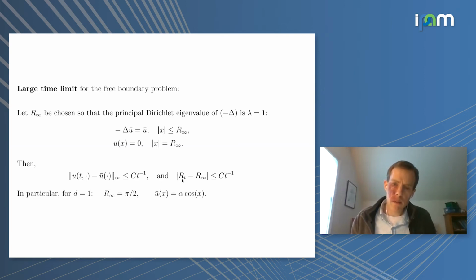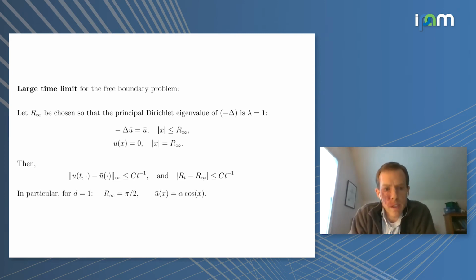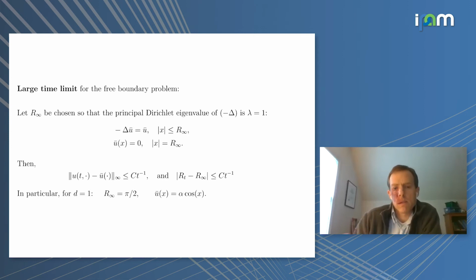And the boundary function R(t) converges to R infinity as time goes to infinity, like 1 over t. So for one dimension, R infinity is explicit. It's pi over 2, and U bar is a multiple of cosine. In dimension 2 or more, R infinity and U bar can be computed in terms of special functions.